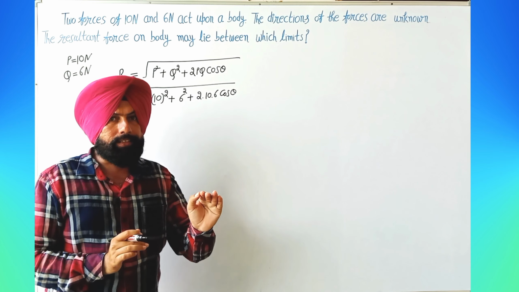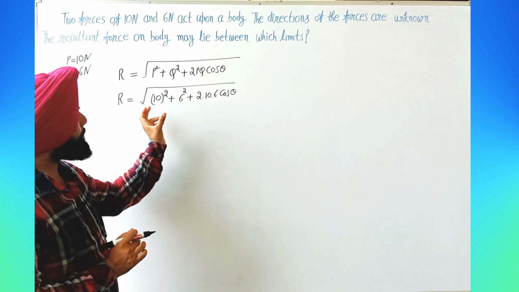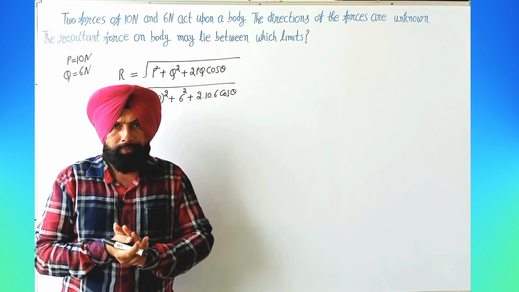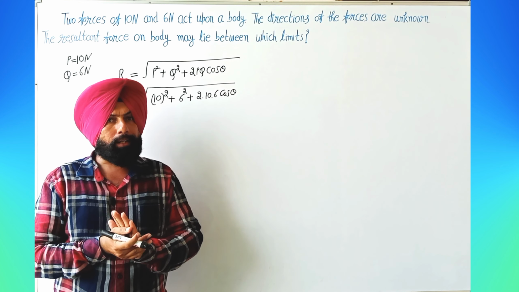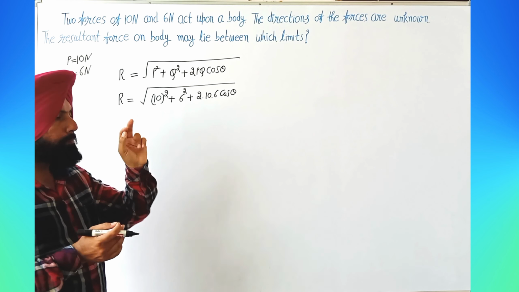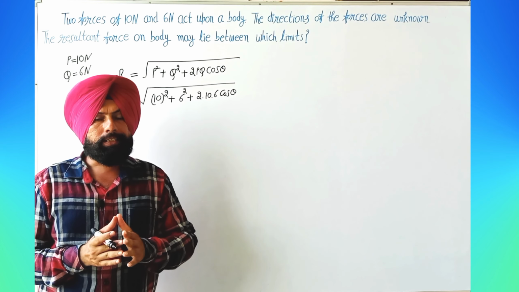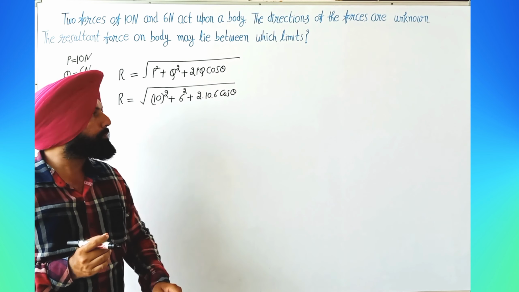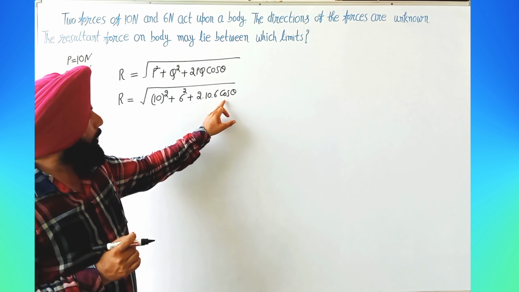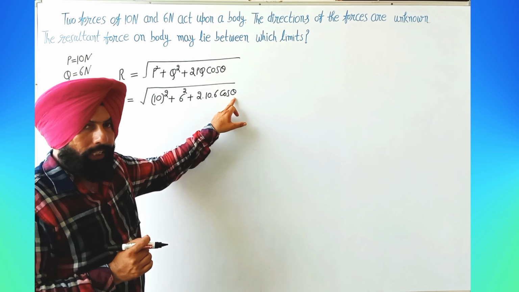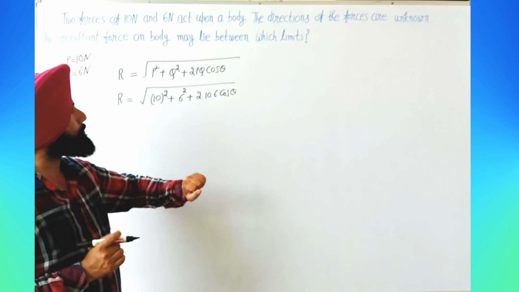Further, this numerical has two steps. In the first step, R will be maximum, and in the second case R will be minimum. Why? Because we don't know the value of cos theta in this case.